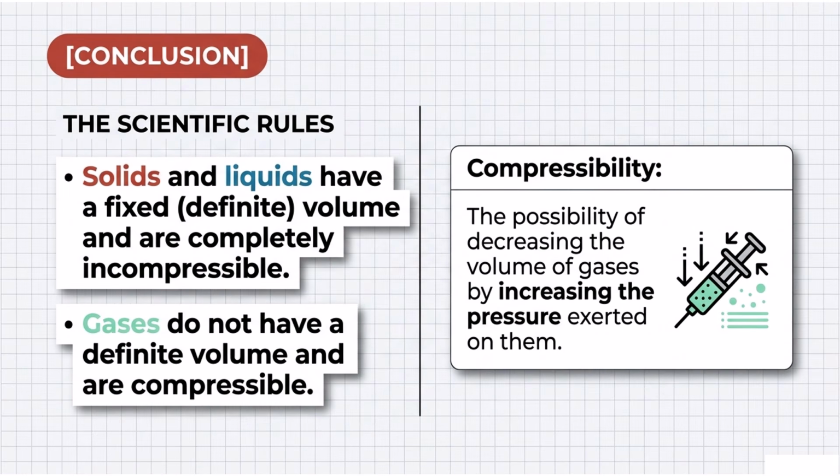So we observe that solids and liquids have a fixed volume, or we can say they are incompressible. Incompressible means having fixed volume, but gases can be compressed, or are compressible.